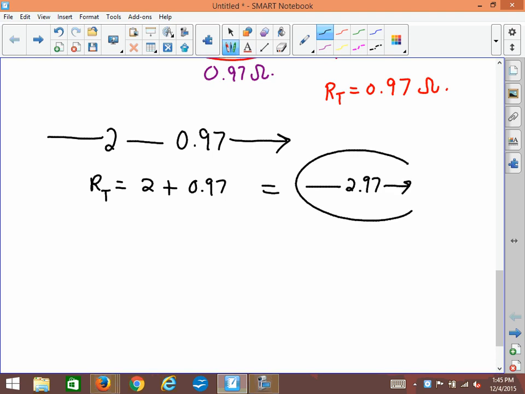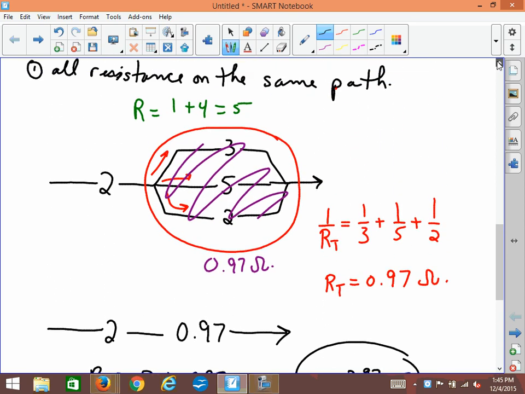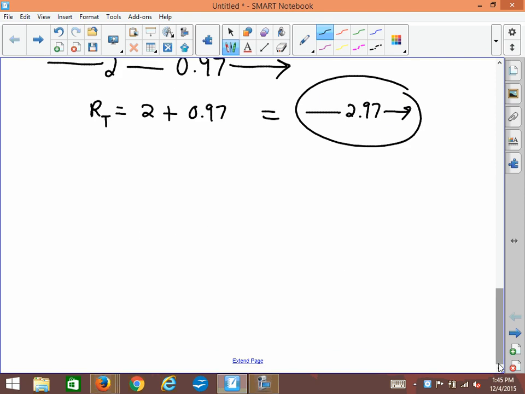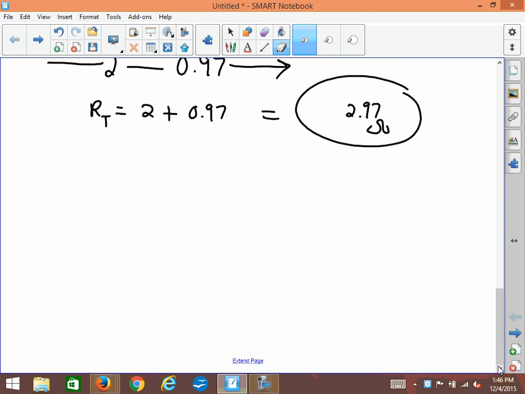That's the equivalent resistance of all of this big piece of circuit that I drew up here. It's like having one big resistor of 2.97 ohms. And of course, you don't need to draw this in. I was just showing you. 2.97 ohms.